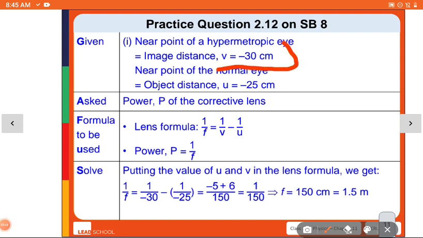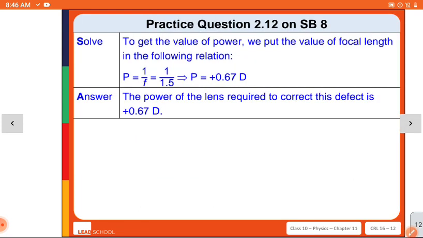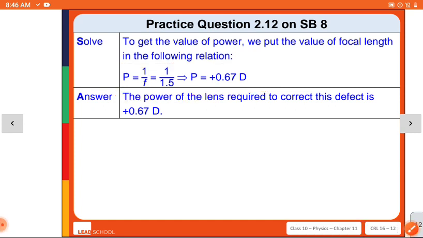These are the distance of image and distance of object. After putting the values, the focal length is 1.5 meter. So power is equal to 1 upon f, which gives 0.67 diopter. That is the solution of the given question.